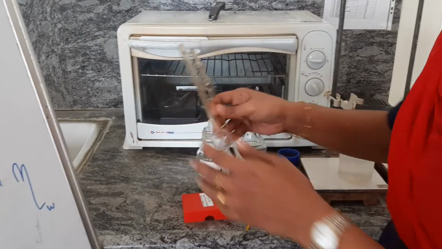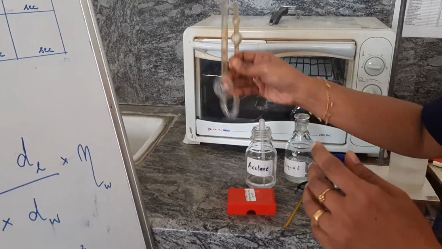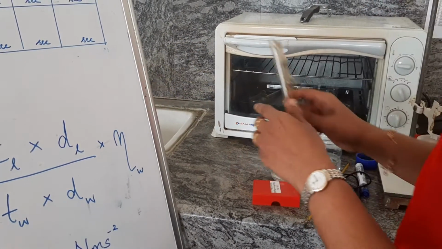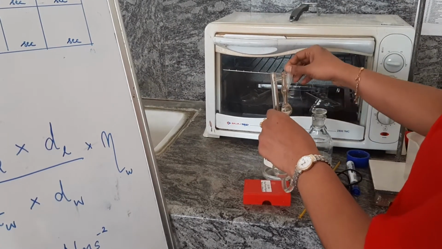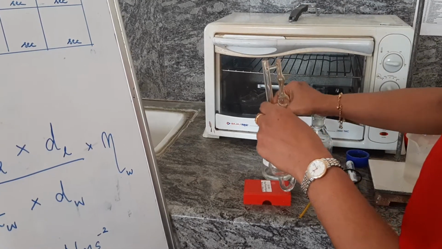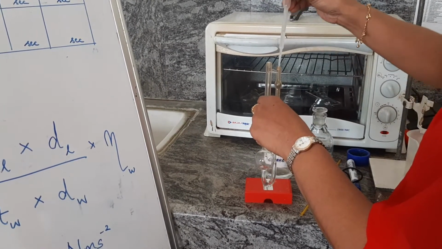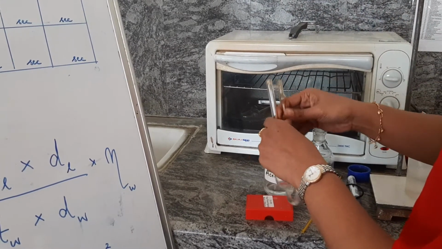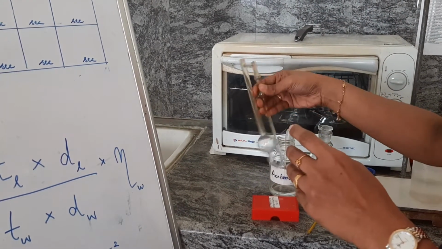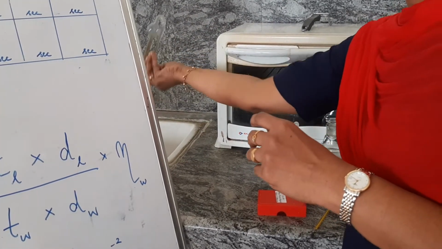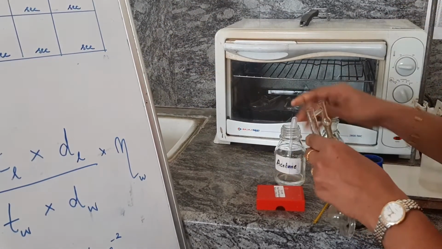You add one filler to the wider limb of the viscometer, and one more filler you can add to the narrow limb of the viscometer. Now just shake it and discard it into the sink. Like this you have to do 3 times. Shake well so that the acetone reaches all sides of the viscometer, and you discard it into the sink.